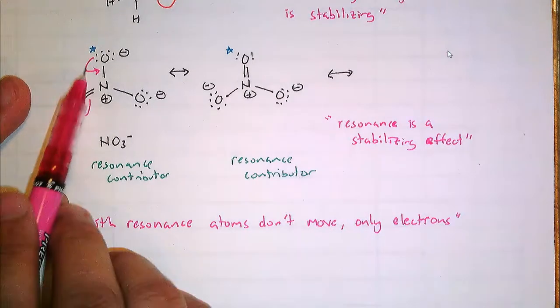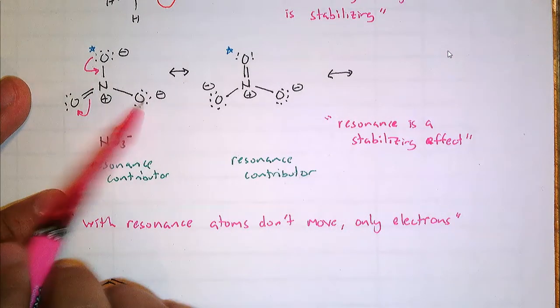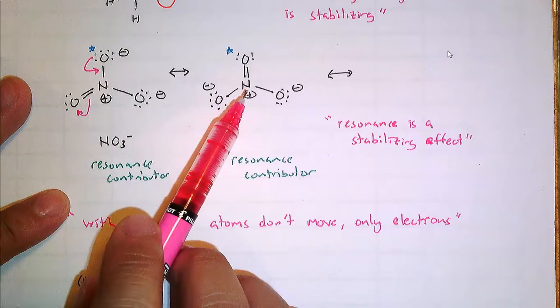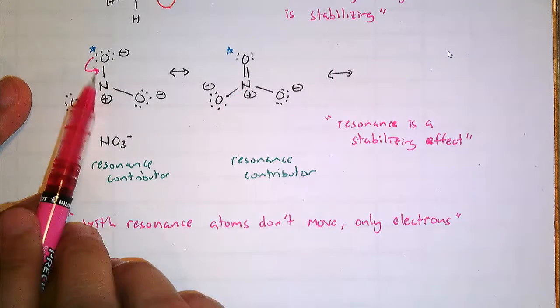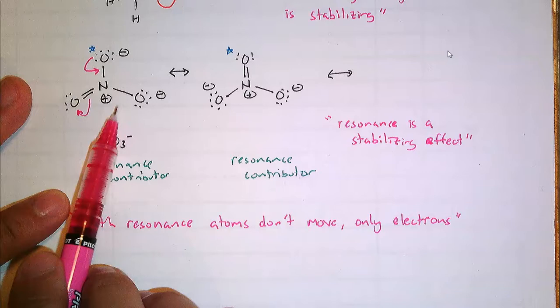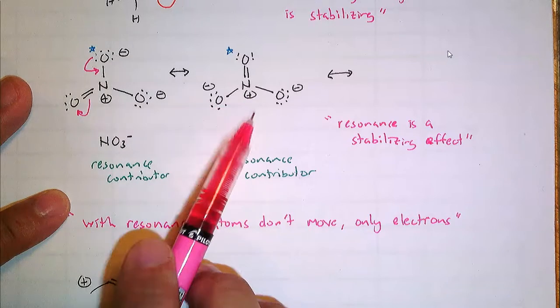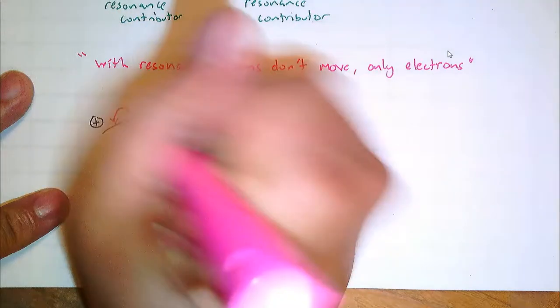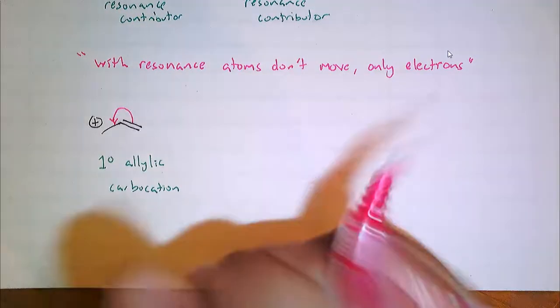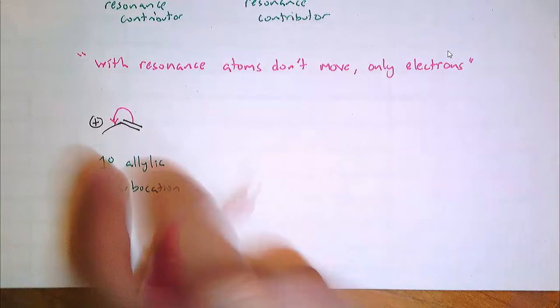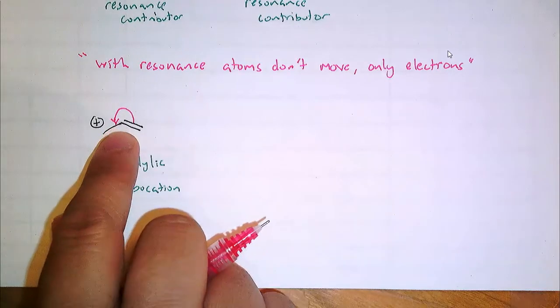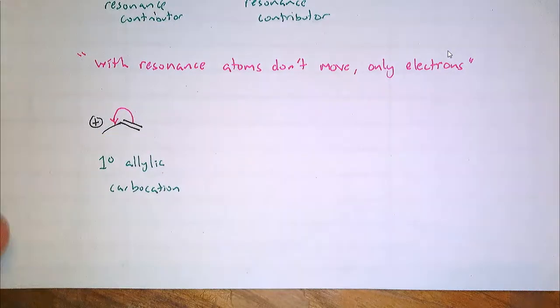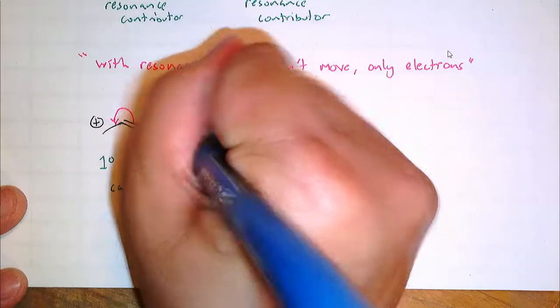We're drawing mechanism arrows to give ourselves another resonance structure.